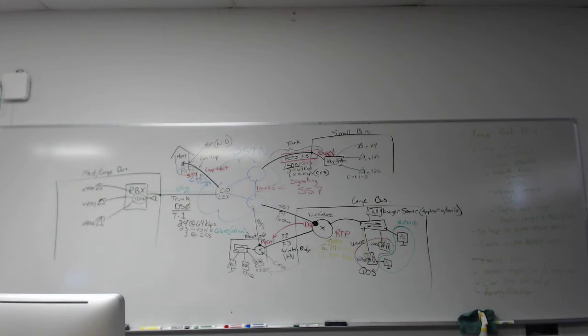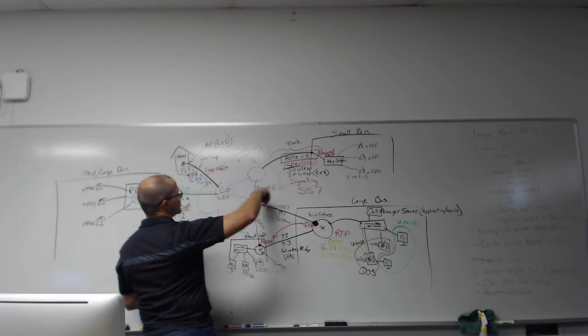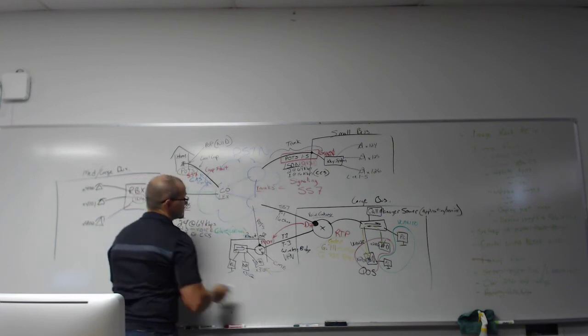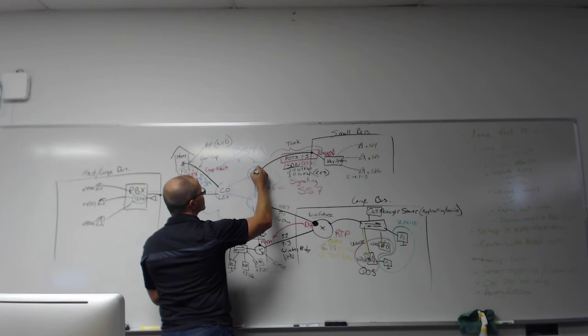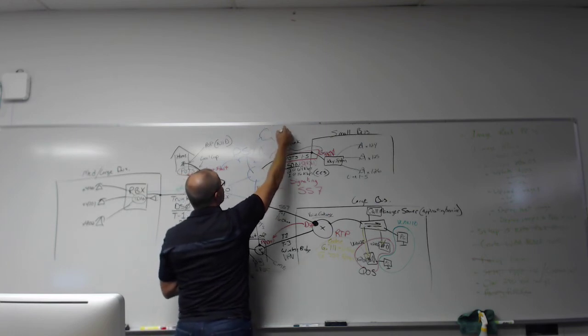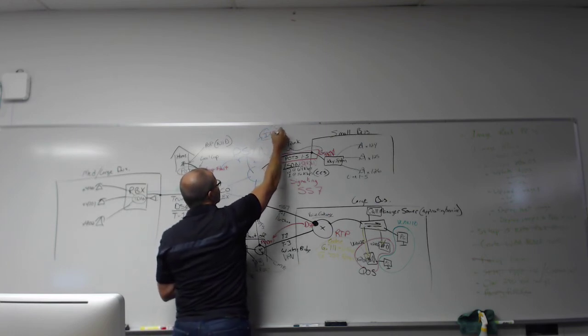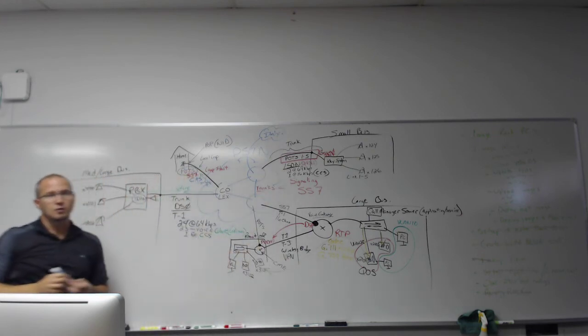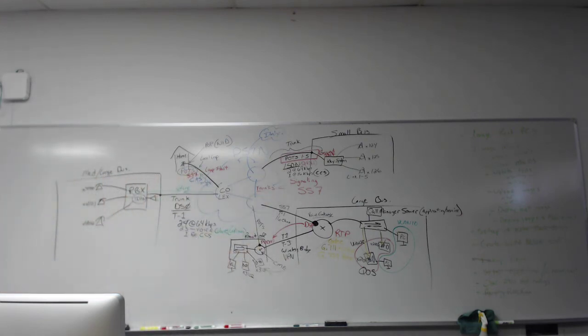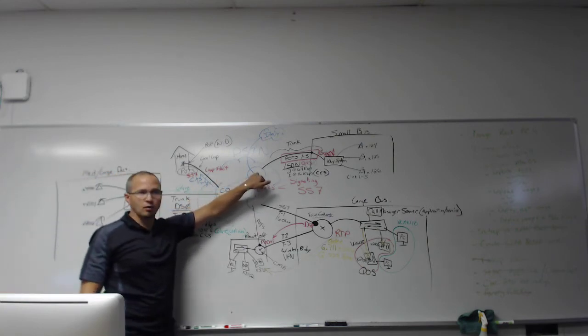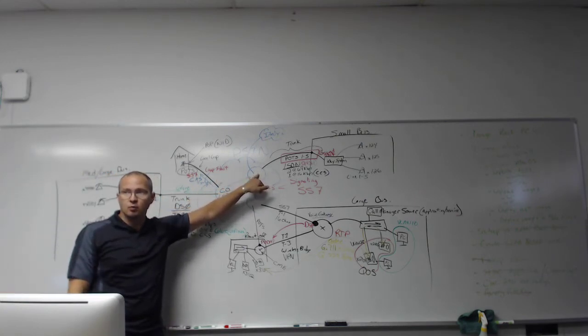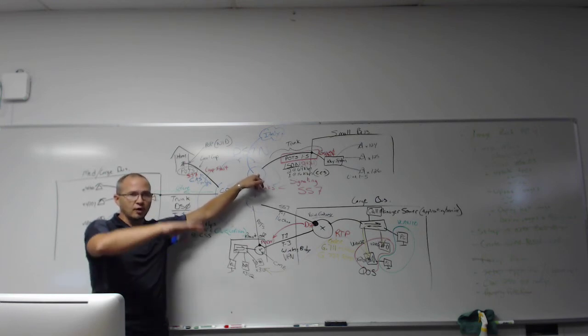E164. E164 is the International Numbering Plan. Okay, so when we have connections from within the United States out internationally, let's say to Italy, we have to use a numbering plan that's going to route, because internally we just dial 1 and then the number, right? 1-608-822-3262, and that will dial a local phone number within the United States.